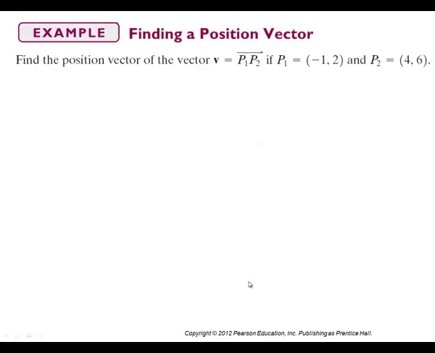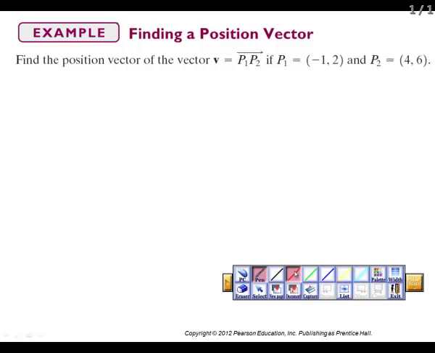So if we were to look at this, let's say here we have P1 is (-1, 2), and P2 is (4, 6). So this will be your x1, y1, and x2, y2. Now how do I know this is x1, y1? Because this is point 1 and this is point 2. So our vector is going to be x2 minus x1, and then y2 minus y1.